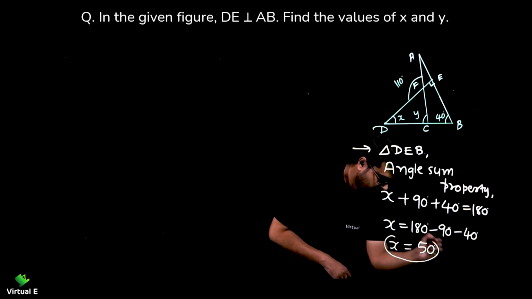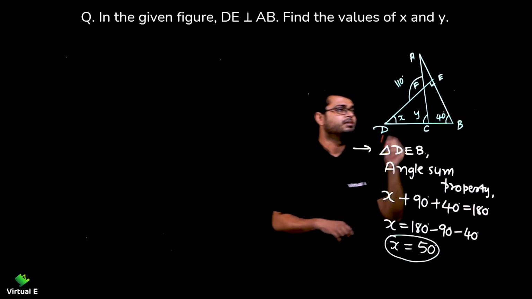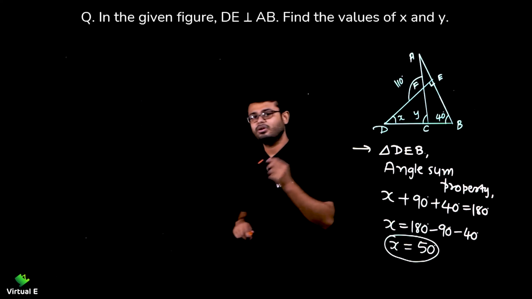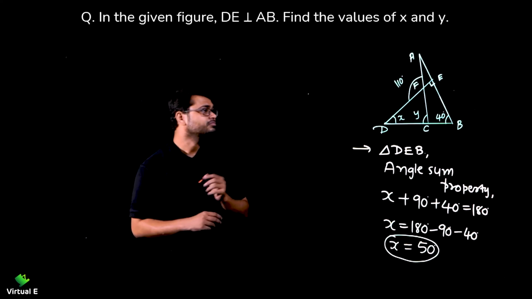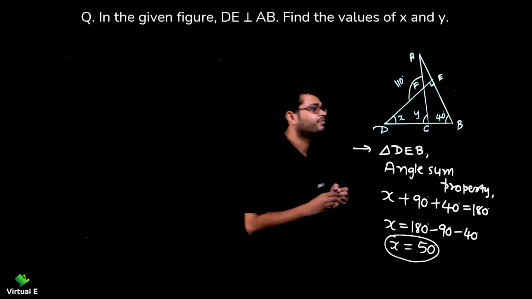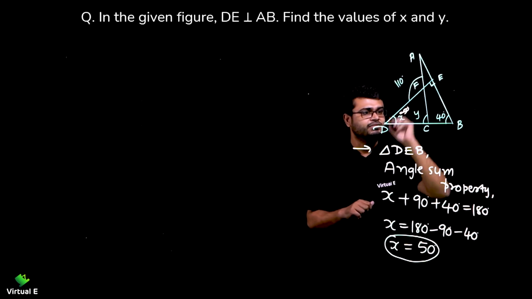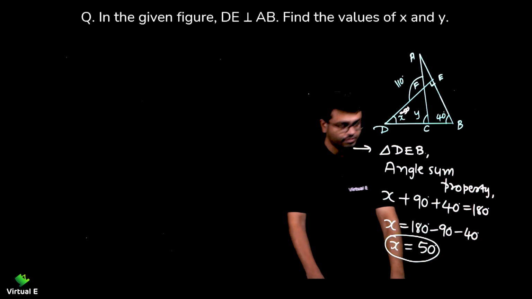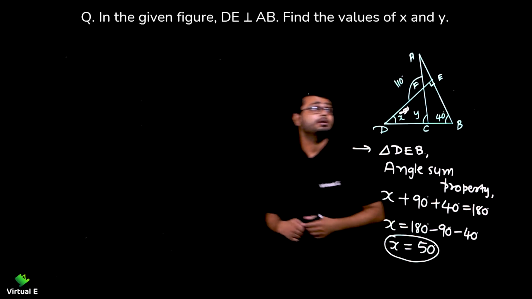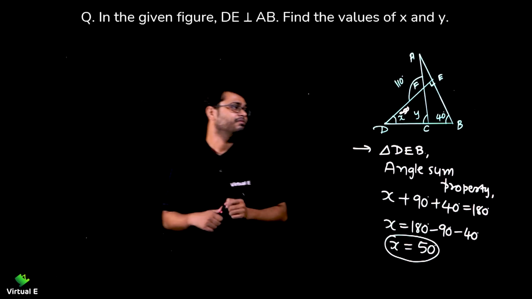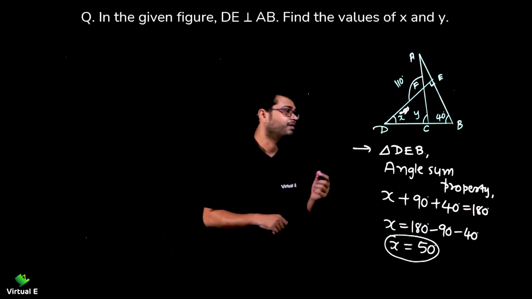So value of X is 50 degree. We have the value of X. Now how to find the value of Y? We have this as 50 degree. So move to the next missing angle, that is Y. How can we find Y?